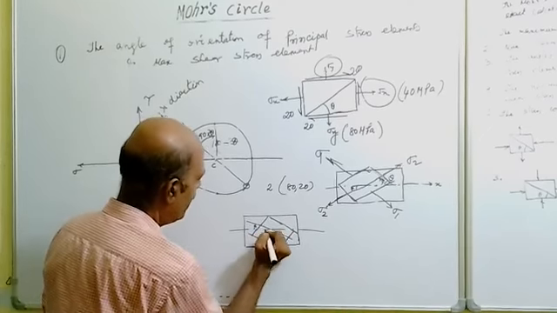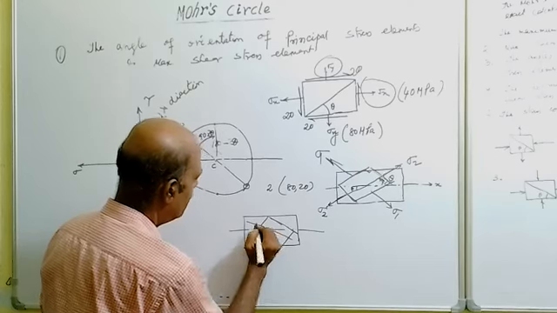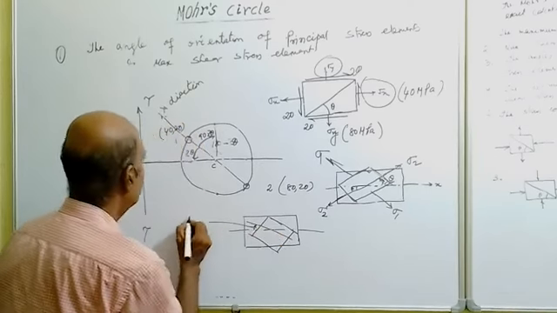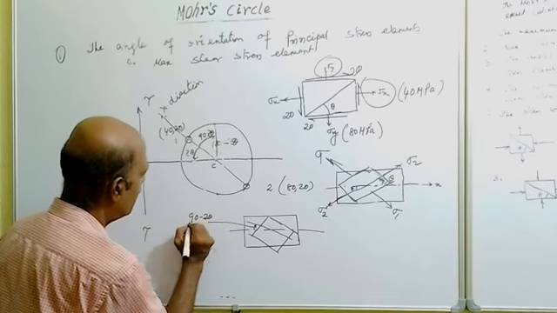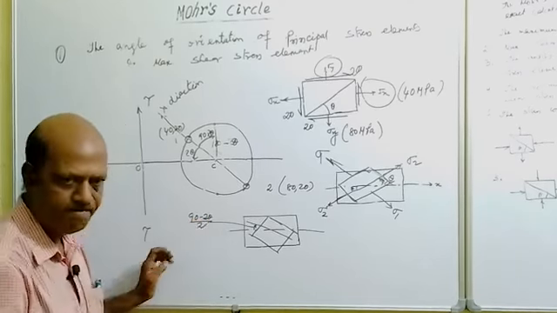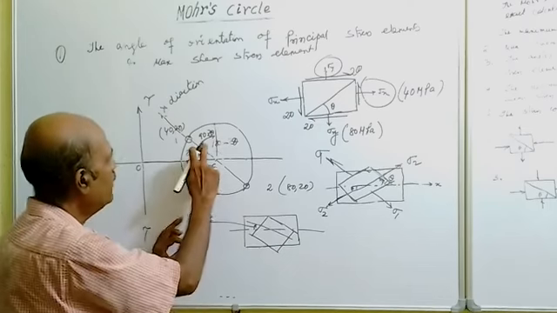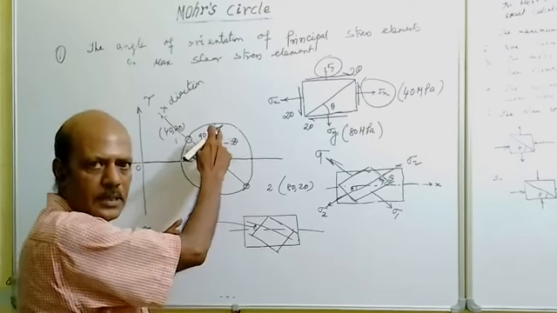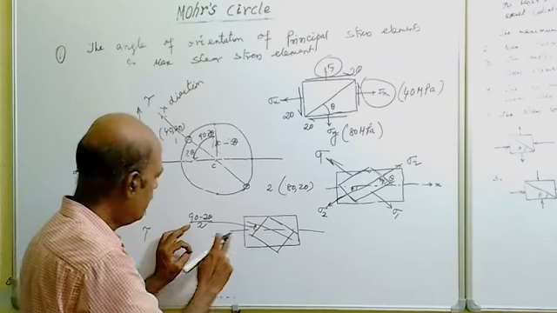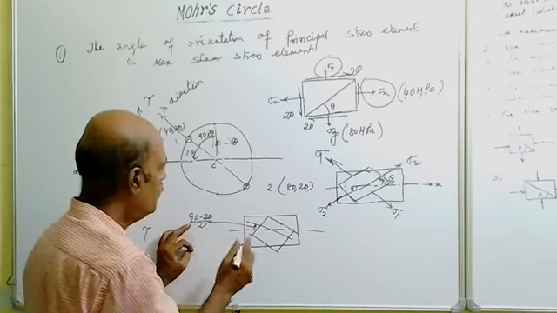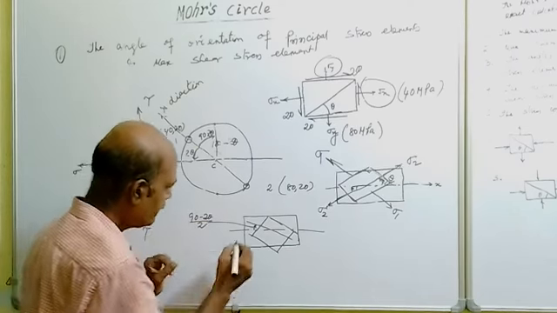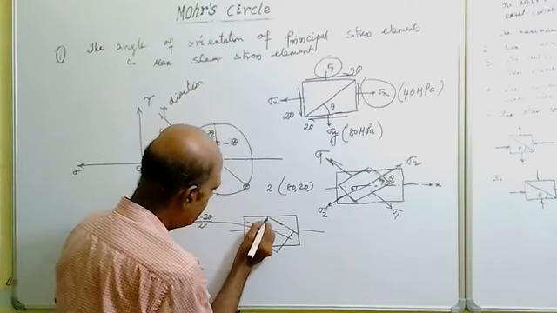So if we rotate this one, how much angle? This is 90 minus 2 theta divided by 2. In the circle it is 90 minus 2 theta angle, and in the actual body we have to rotate by 90 minus 2 theta by 2, whatever is coming. So we will get this plane.